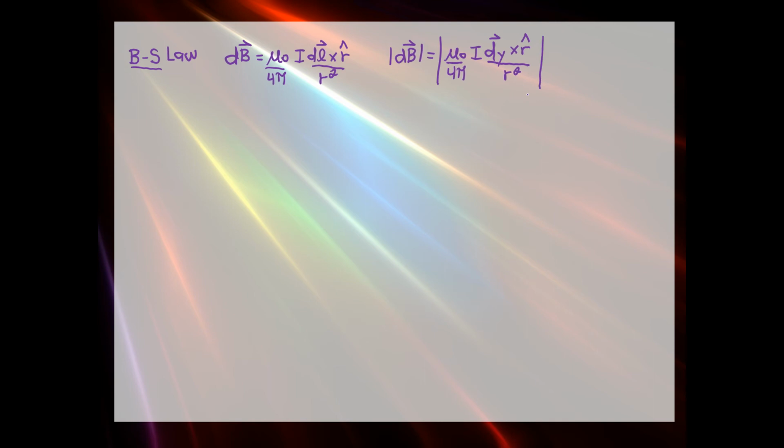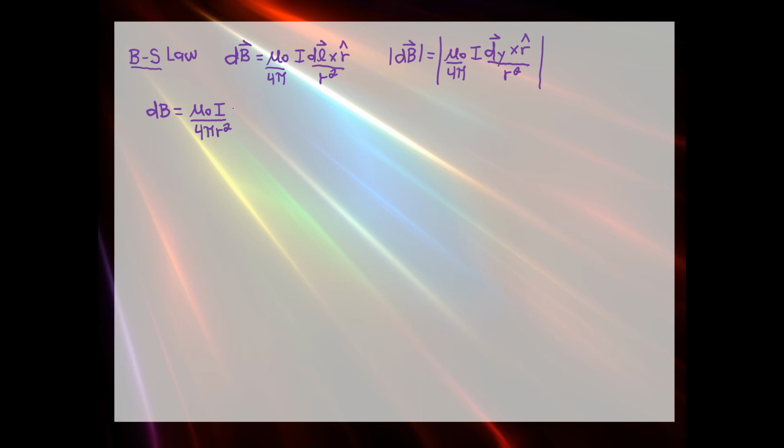Let's write down dB, in absolute value, just as dB. Let's pull everything out that has nothing to do with being a vector. So that's going to be mu naught I over 4 pi r squared.